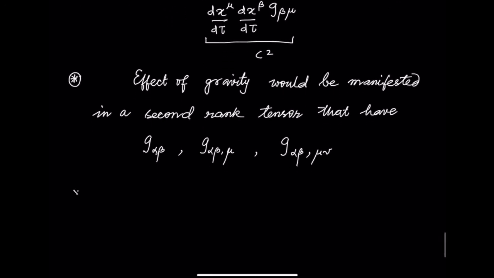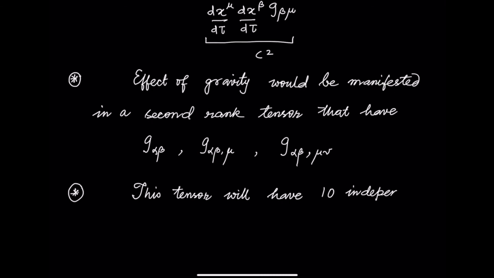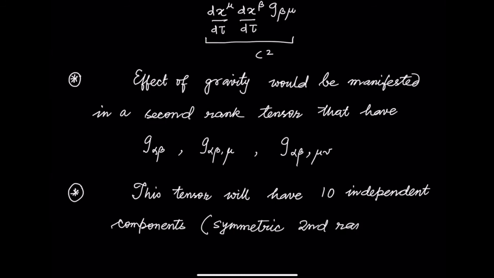So this tensor will be symmetric, so it will have 10 independent components, because it's symmetric and second rank, right?